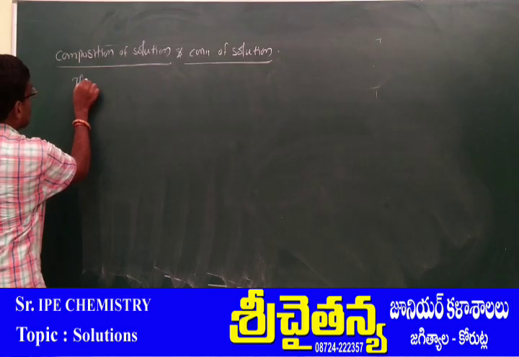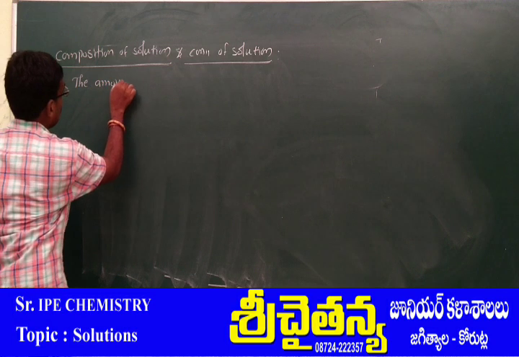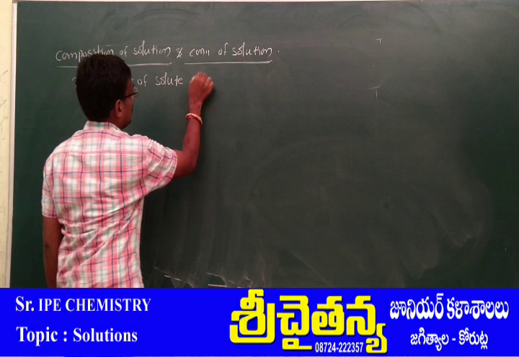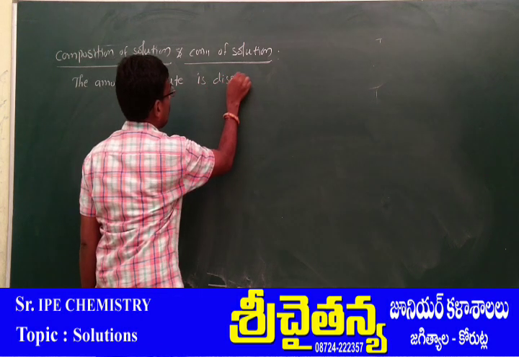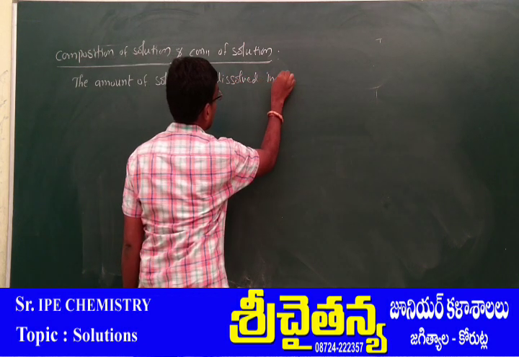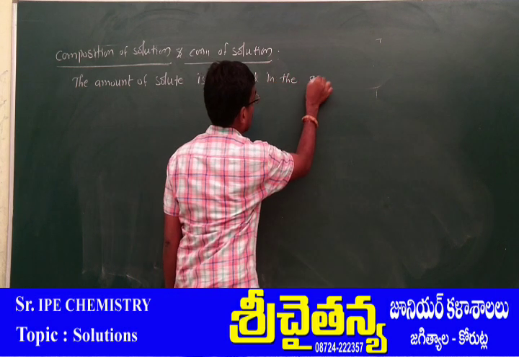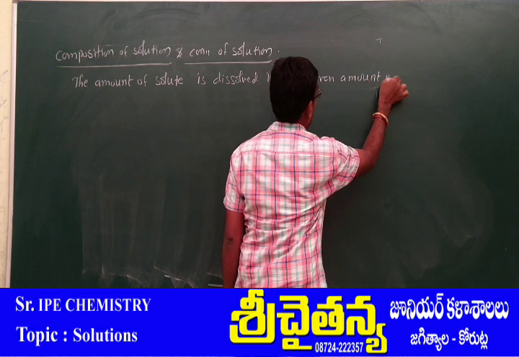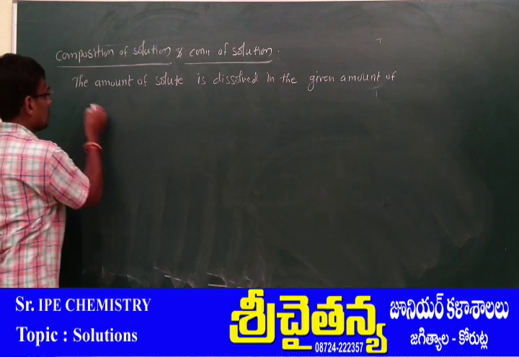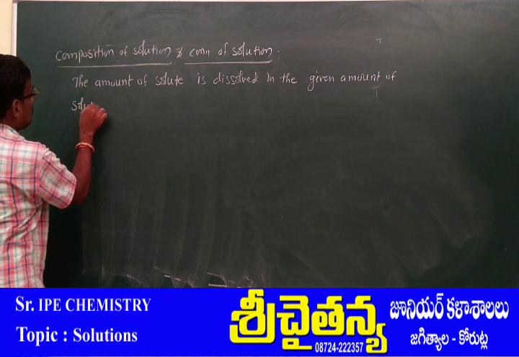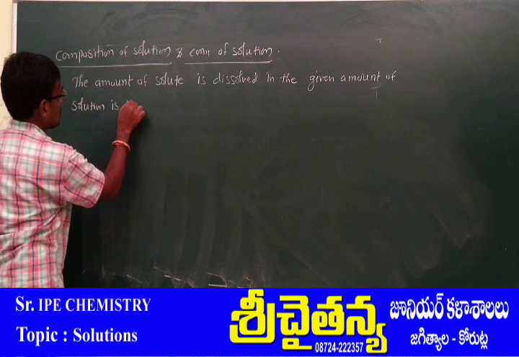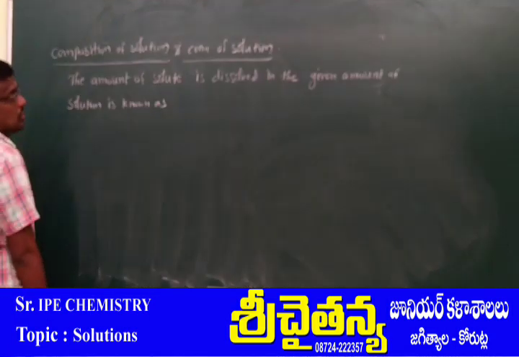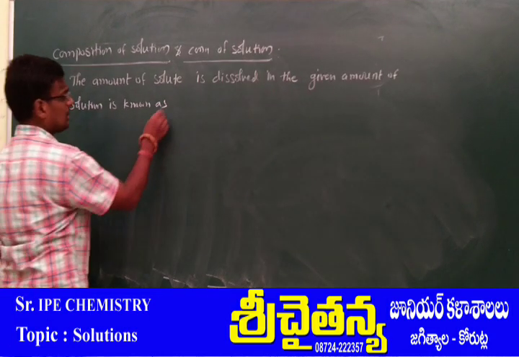The amount of solute dissolved in the given amount of solution or solvent is known as the composition of solution, otherwise the concentration of solution.